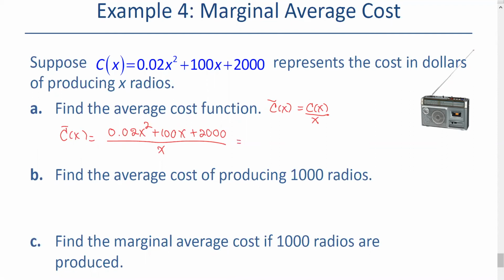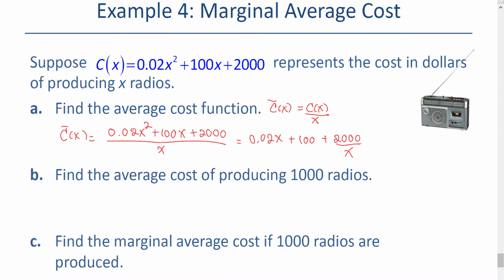Simplifying each term, we get 0.02x squared over x, which is 0.02x, plus 100x over x, that becomes 100. And the last term is 2000 divided by x.